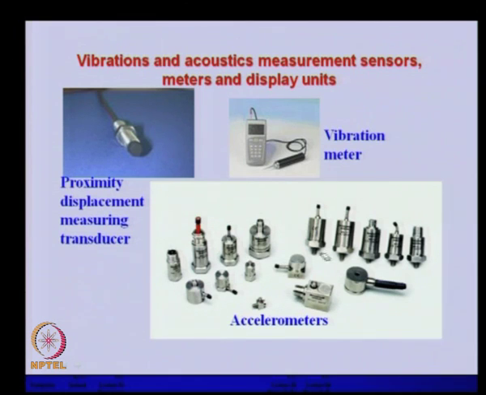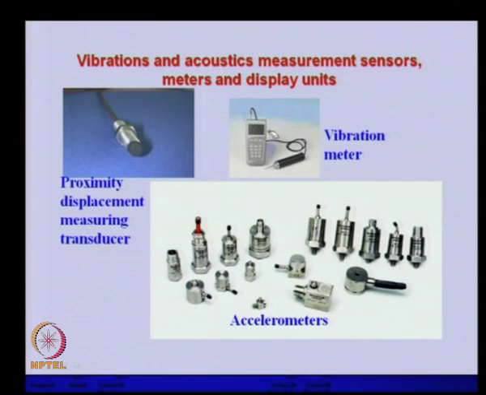So, there are various kinds of mounting. You can see this is the base, threaded bolts are there. So, this we need to fix onto the body, or sometimes we can glue it. So, various kinds of mounting we can have in this kind of sensors.